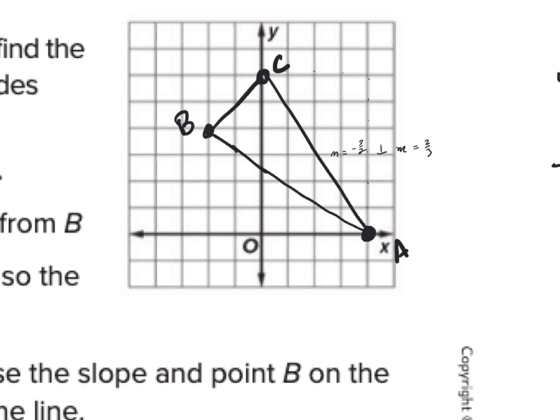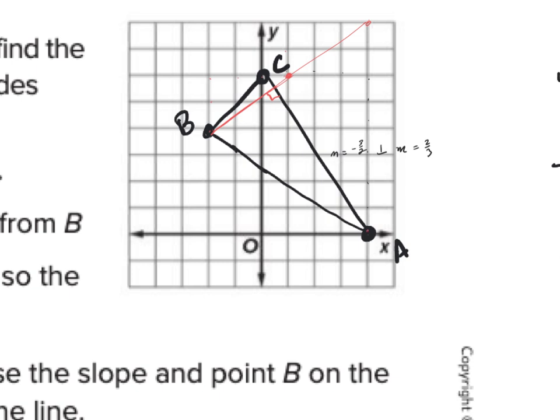So I'm calculating this altitude right there. I would go up 2/3: 1, 2, 1, 2, 3. This line is my altitude. And then I could do the same thing for the next one.